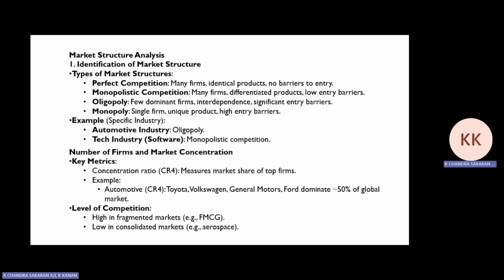No, there are so many providers. Are they producing the same kind of product or not? No, different. They may look similar, but they are different in terms of taste and how they prepare the product. But there are so many of them. So it's monopolistic competition.